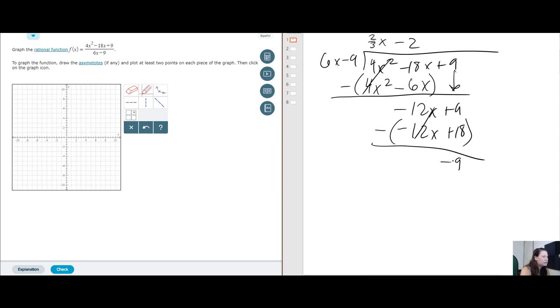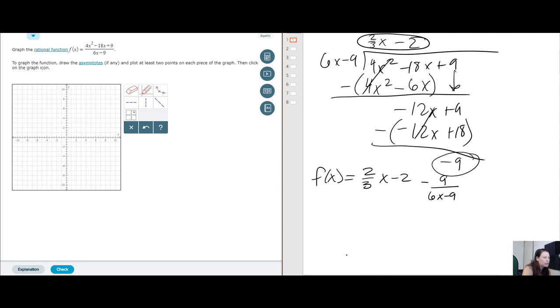So that means that this is our quotient and this is our remainder, right? So f of x can be rewritten as the quotient, 2/3 x minus 2, plus, or well, minus because it's negative 9, over 6x minus 9, right?